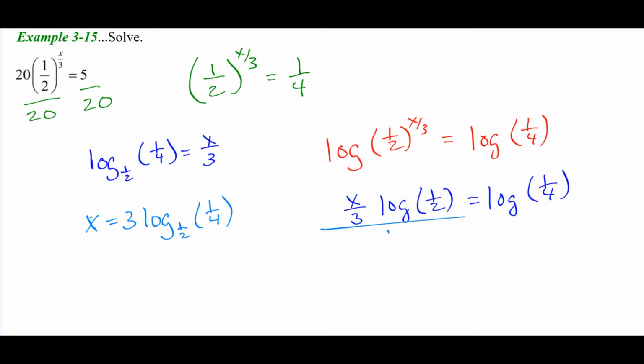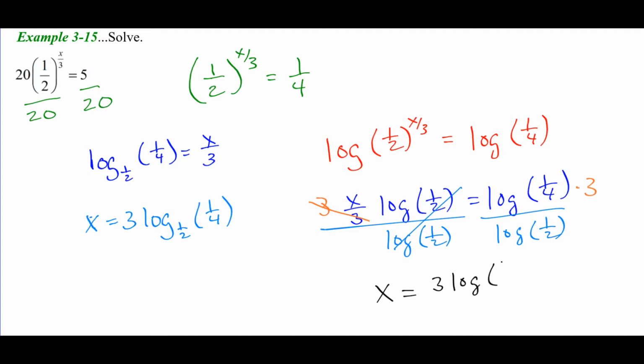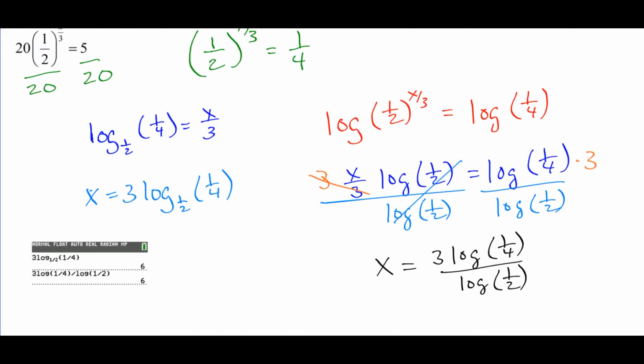So divide both sides by log of 1/2, and then we're going to have to multiply both sides by 3. So we end up with x equals 3 times the log of 1/4 over the log of 1/2. Using the calculator to solve either of those, we can see that x equals 6.